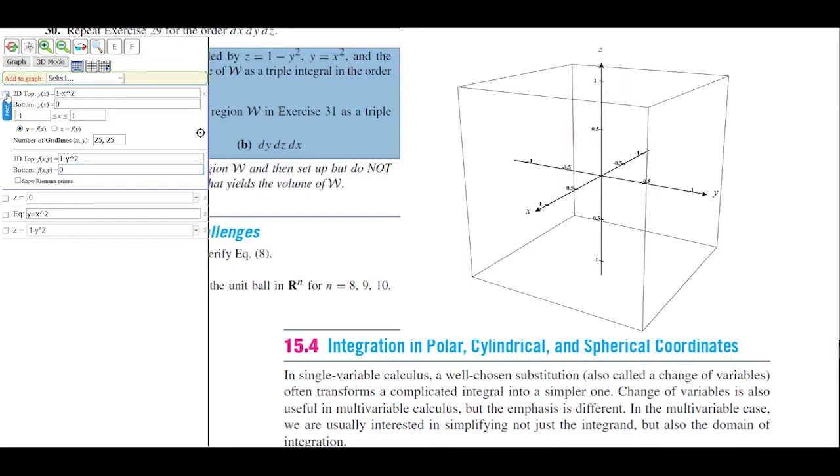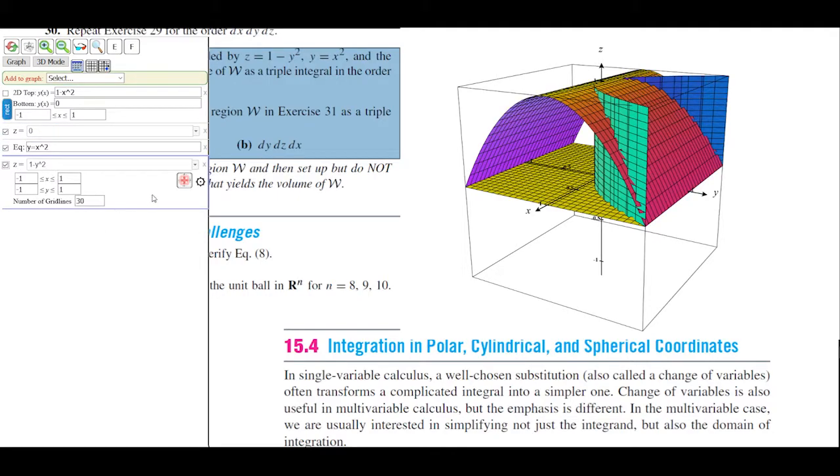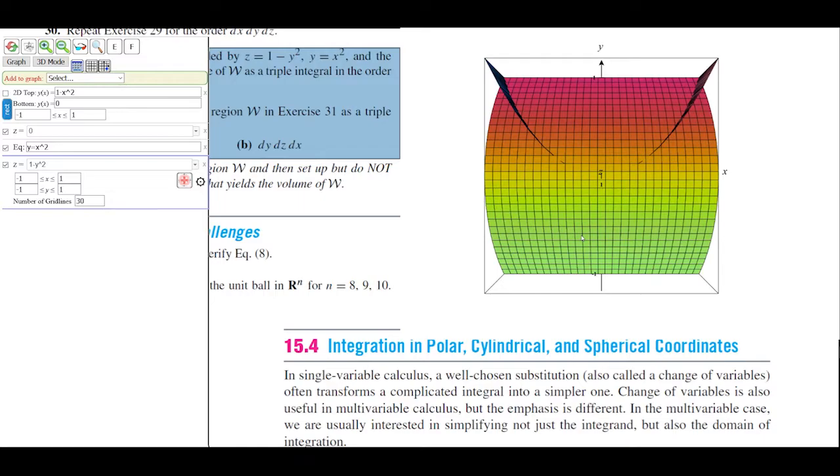So if I turn this off for a second and turn these three back on, I'm going to set our view to above the xy plane, which I can accomplish on a Windows operating system with Control Home, and I can view this above the xy plane. Now notice we want the region that's bounded within the z equals 1 minus y squared parabola, which is this one right here.